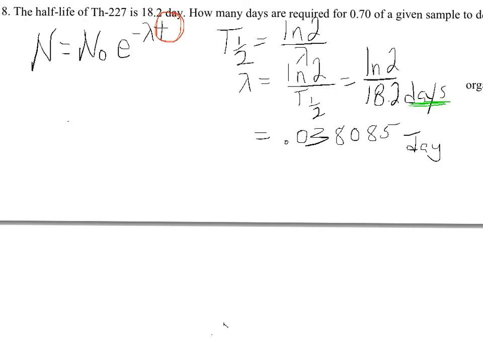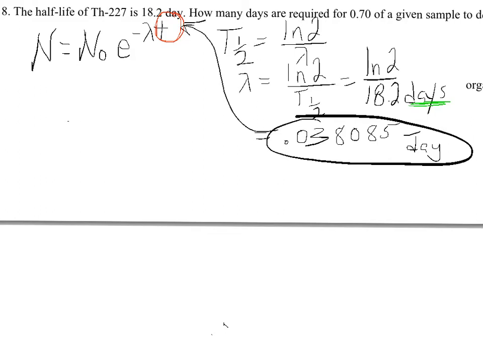Okay. So now we can take this and plug it in up here for our decay constant, but we have to address everything else. We're not given any original amount of sample. We're not given how much we end up with. We're given the fraction.